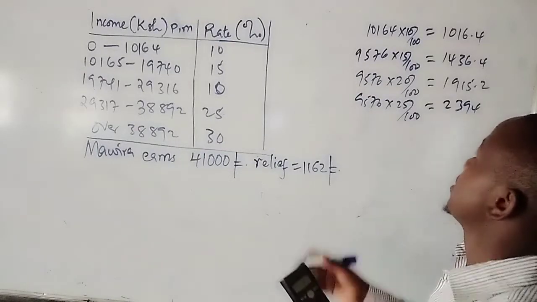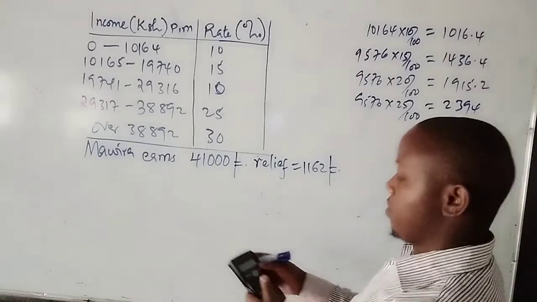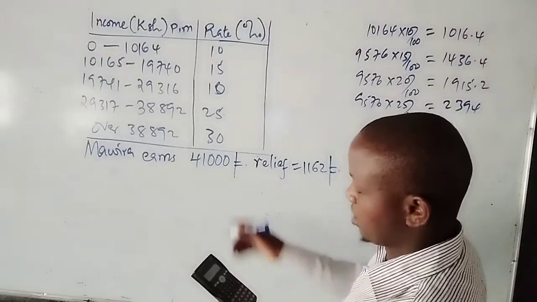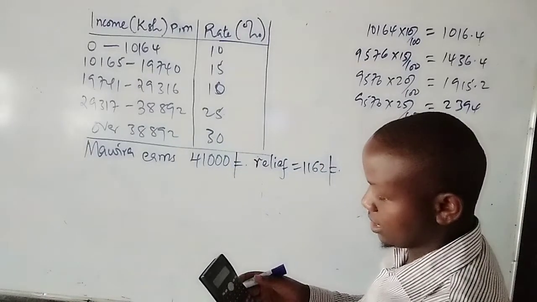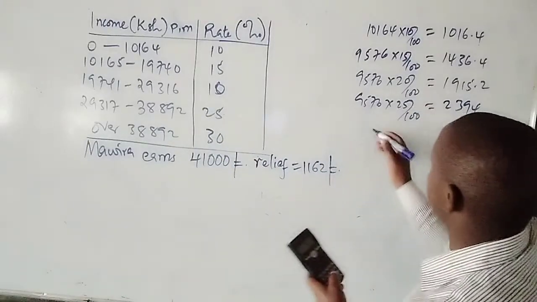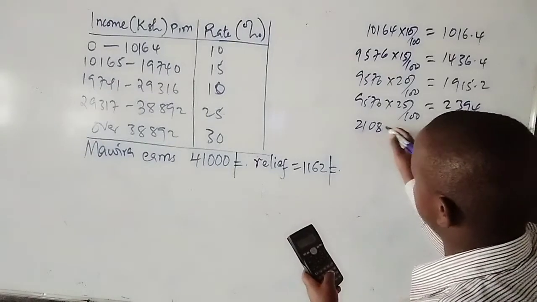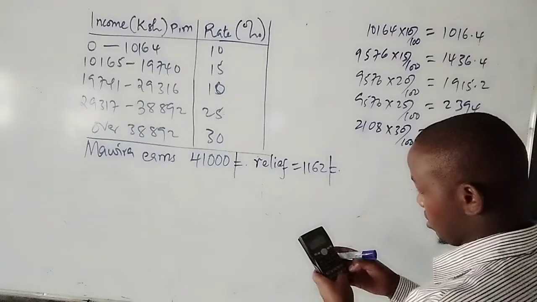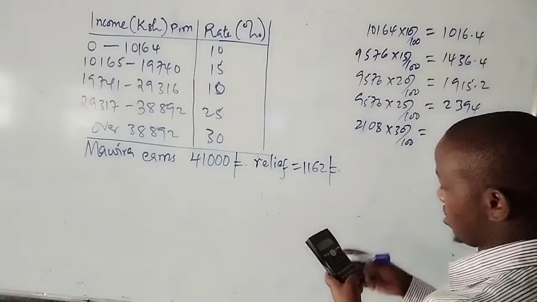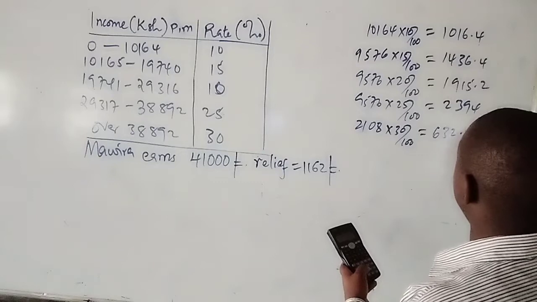Then lastly, we have the balance, the total amount minus what we have taxed up to 38,892. Therefore, we get 2108 at the rate of 30%, which simplifies to 632.4.